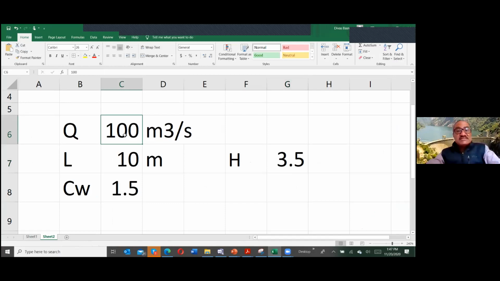And if the flood is, let's say, 500 cubic meter per second, then the head will increase to 10 meter.